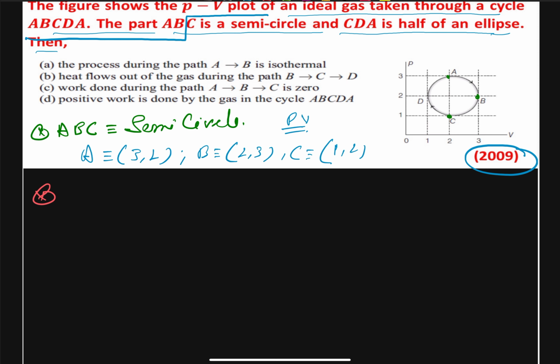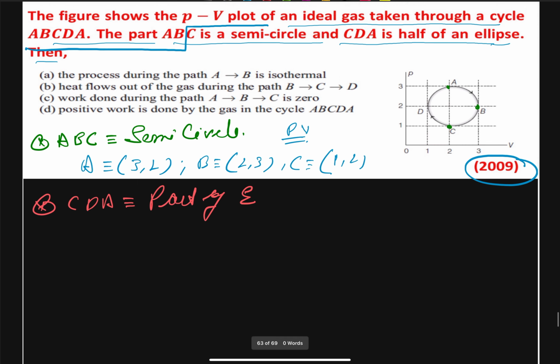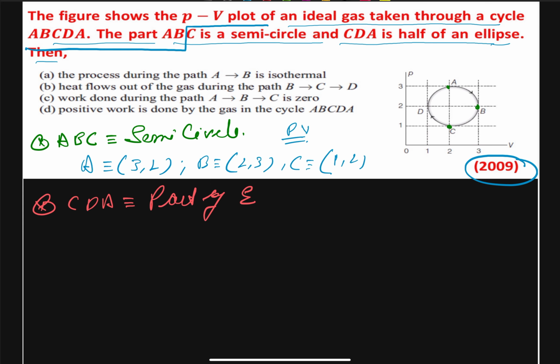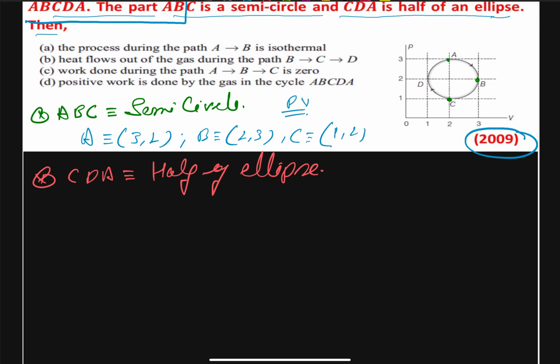The other cycle is our CDA, which is half of an ellipse. For that we can once again write the coordinates.